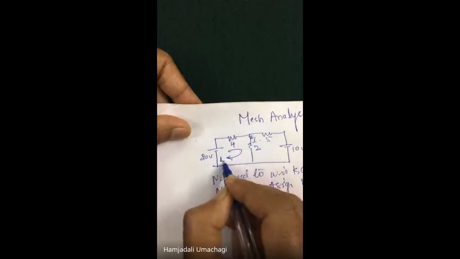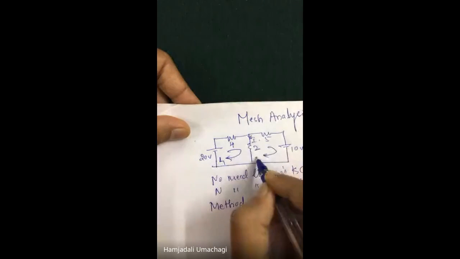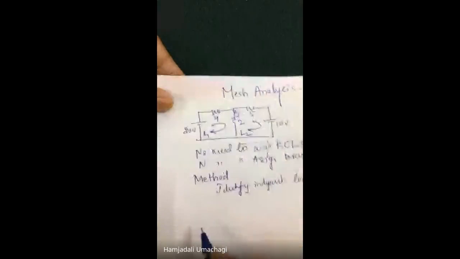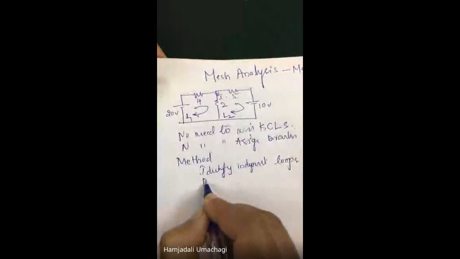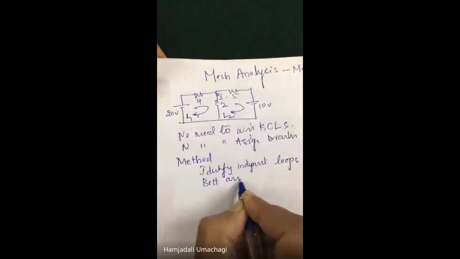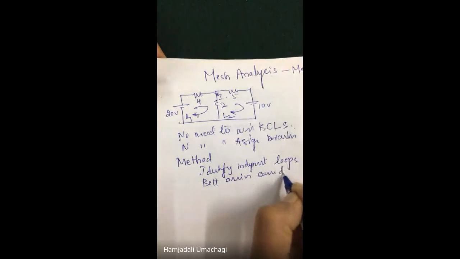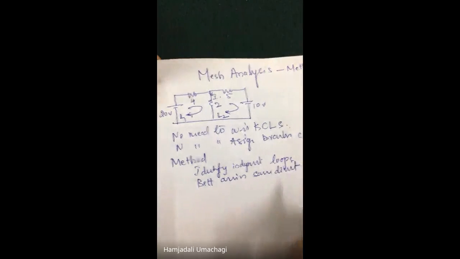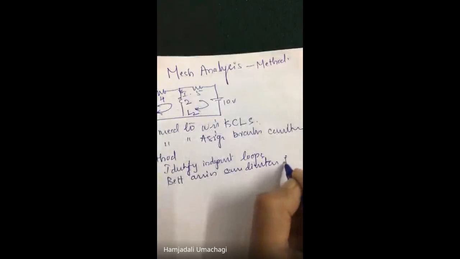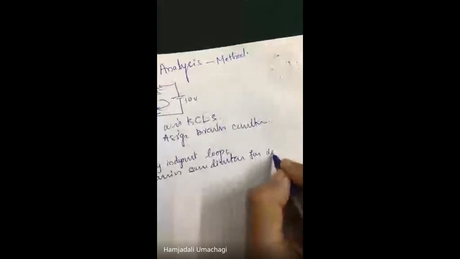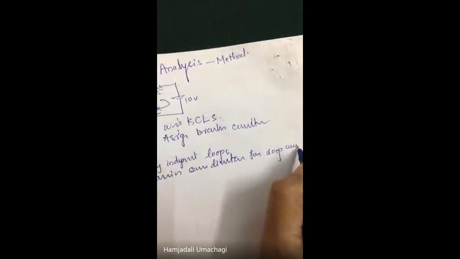Loop 1 and loop 2. Better to assign the same directions for the loop currents.